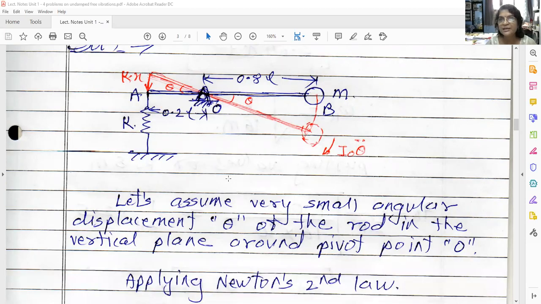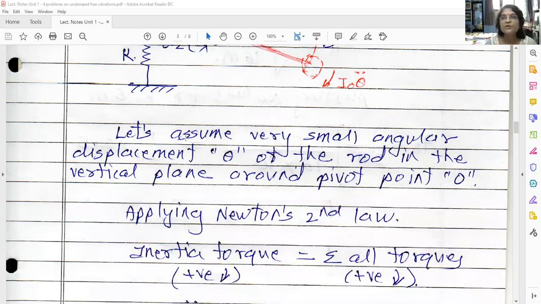That's why this is a single DOF problem. So let us assume a very small angular displacement theta of the rod in the vertical plane around pivot point O.